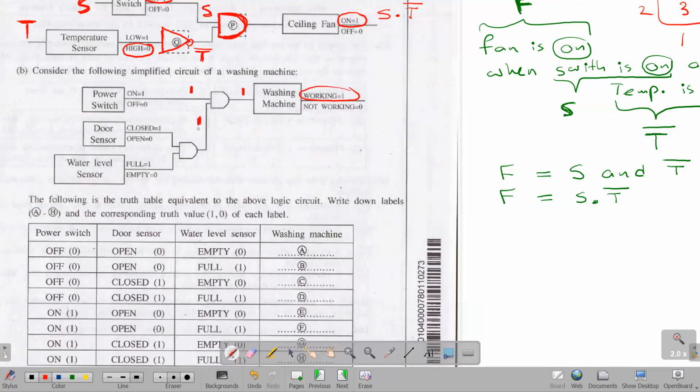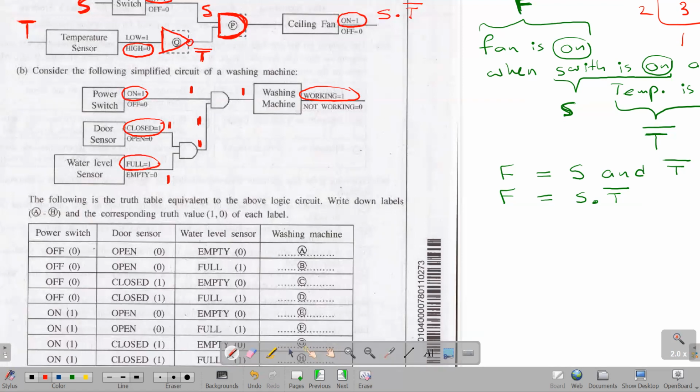So to output 1 from this AND gate, these 2 must be 1 as well. That means for the washing machine to work, power should be on, door should be closed, water level sensor should indicate full. Right? Then only it is going to work.